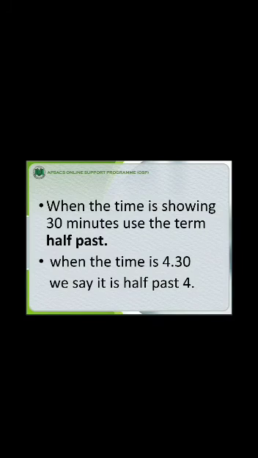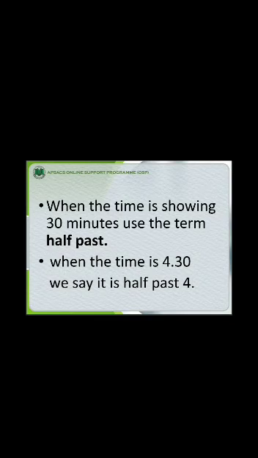Look at this clock. Here the hour hand is between the 3 and 4. So it represents 3, and the minute hand is pointing at 6. So here the time is 3:30. Here we use another term.